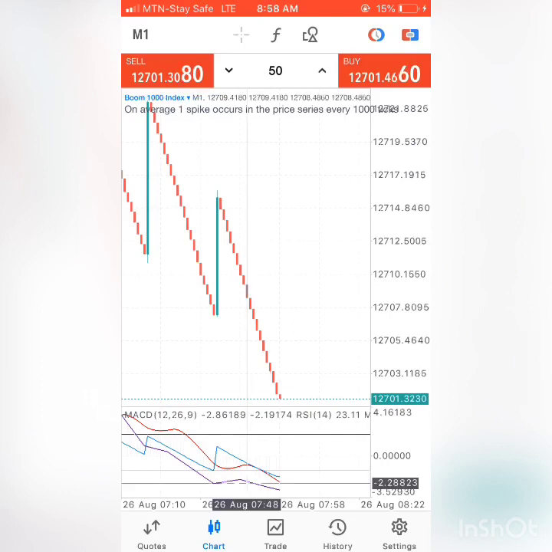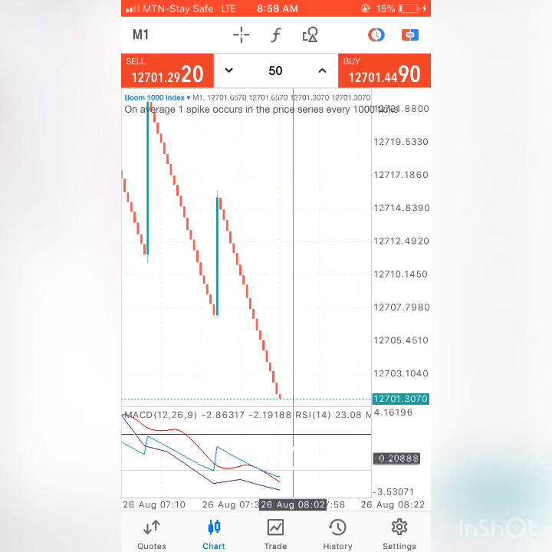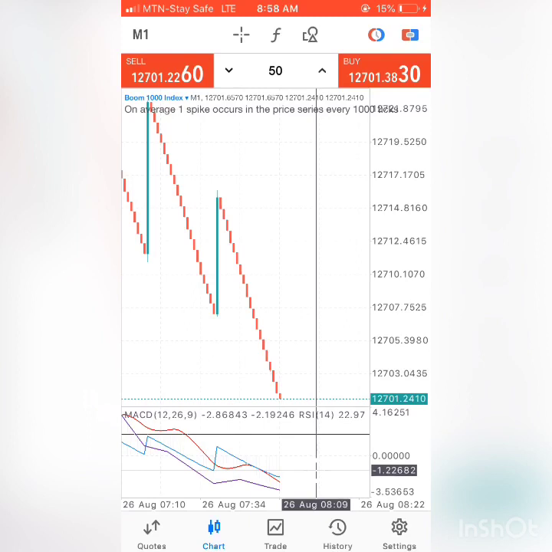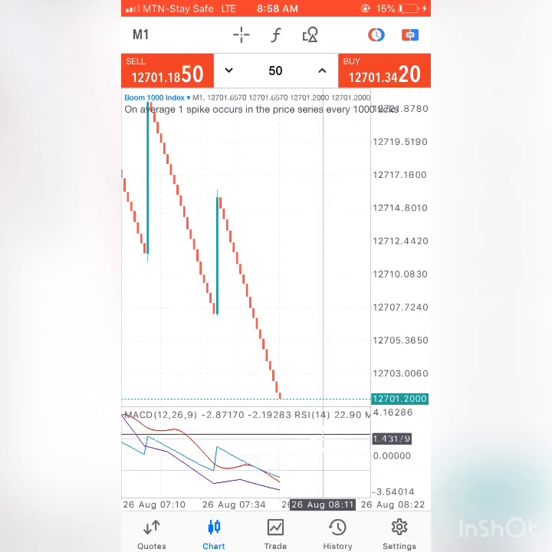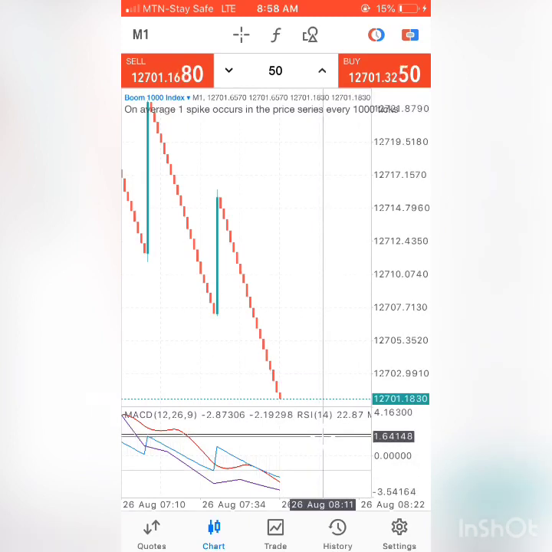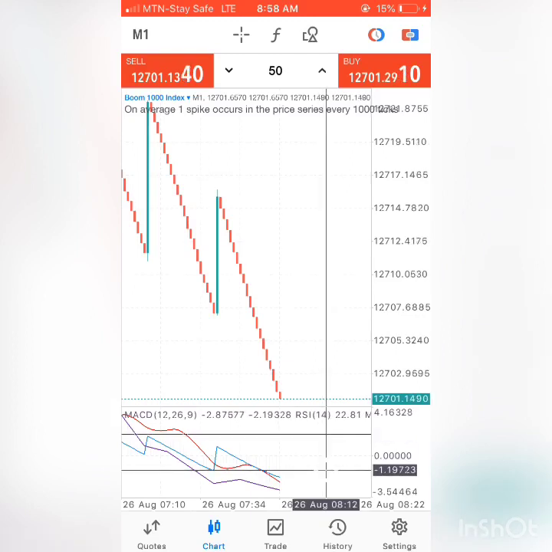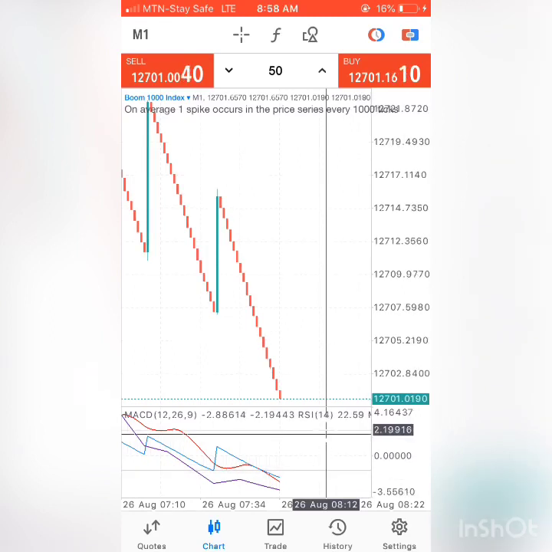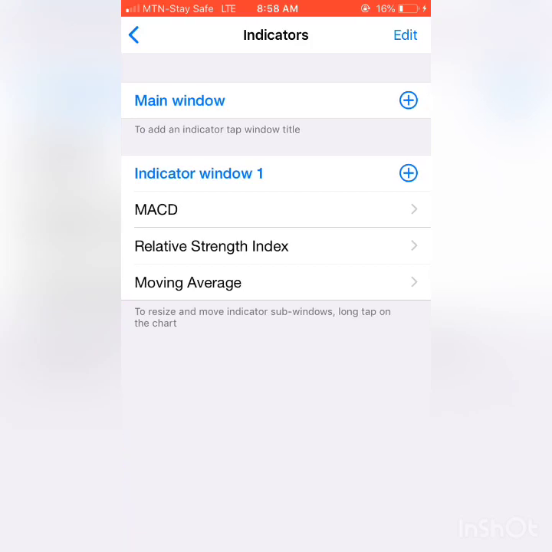So here, this line that's running here shows our level 30, while up here is our level 70. Since we are dealing with the boom pair, we are going to be making use of the lower level here. So now let's check a higher time frame to know where the market is going, what trend.